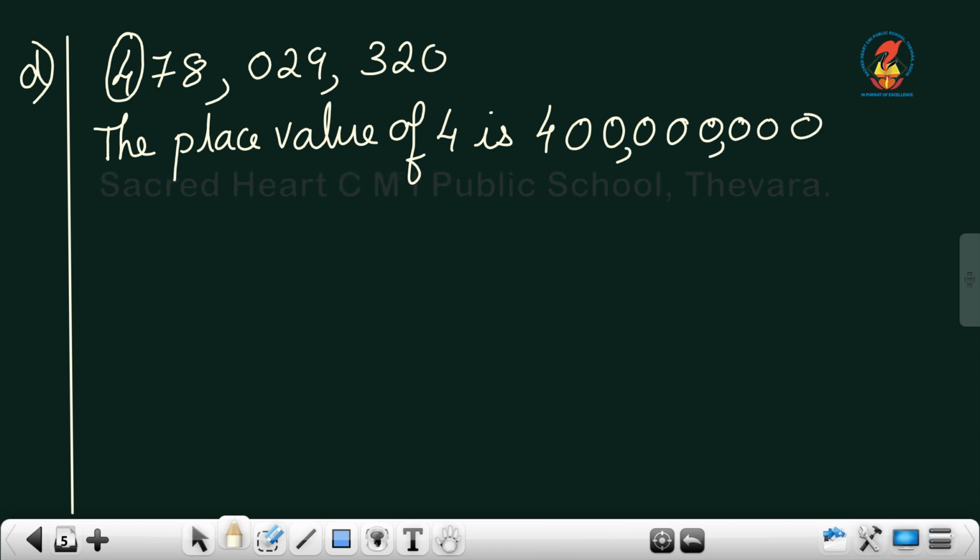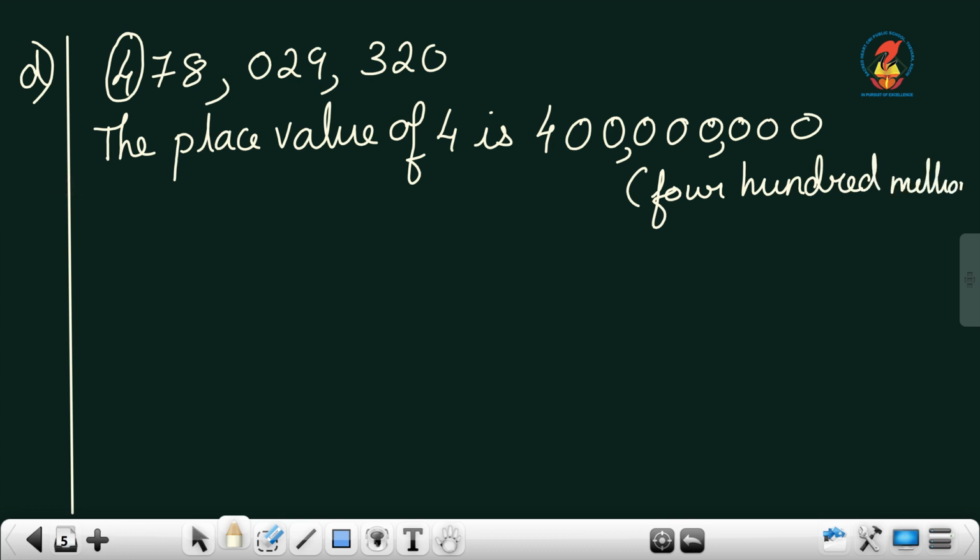And then you put commas according to the international system. And how is it read? 4 is coming in the 100 millions place. So it is read as 400 million. Understood?